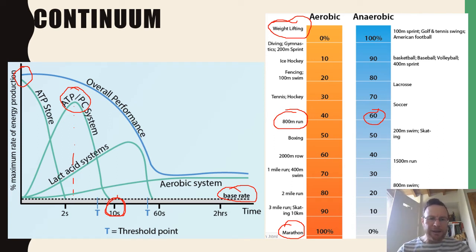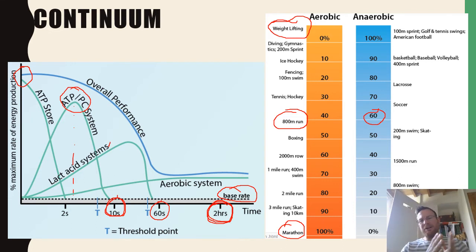Now, in exercise that goes to around 60 seconds of maximal intensity, the lactic acid system becomes the dominant energy source. But even then, at that 60-second point, there's going to be some aerobic system involvement. So as exercise time increases, so we've got a 2-hour time here, the dominance of those anaerobic systems becomes much, much less.